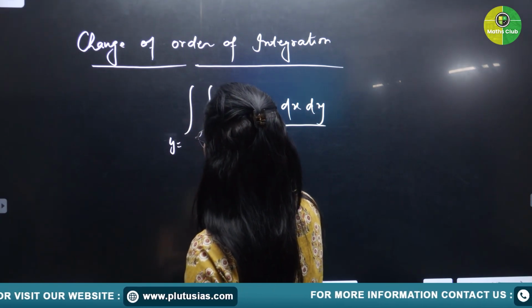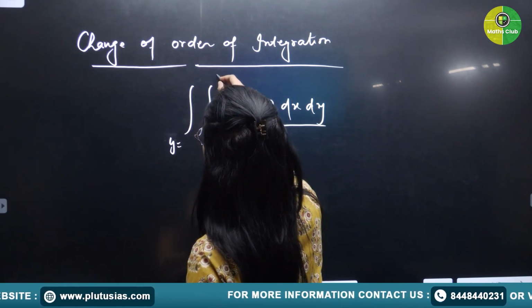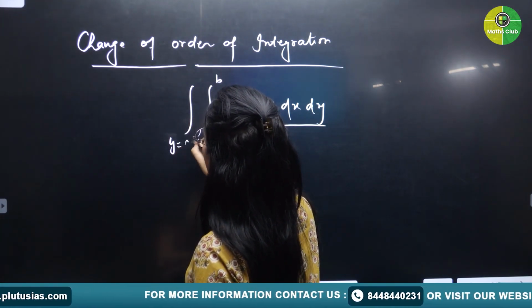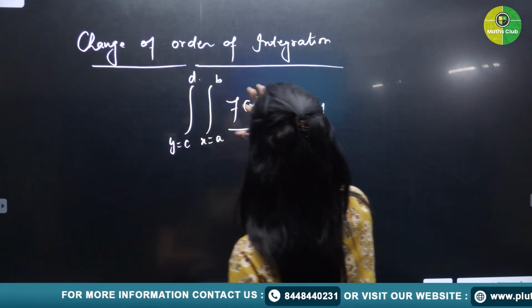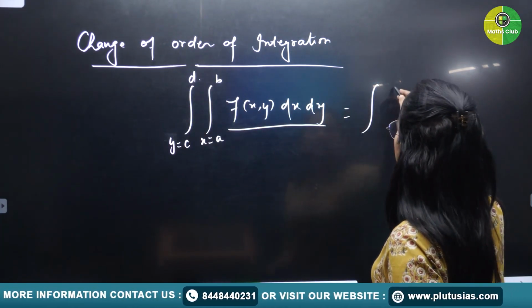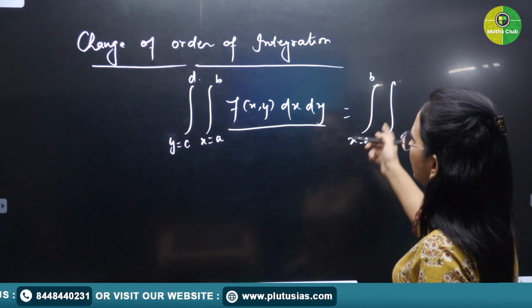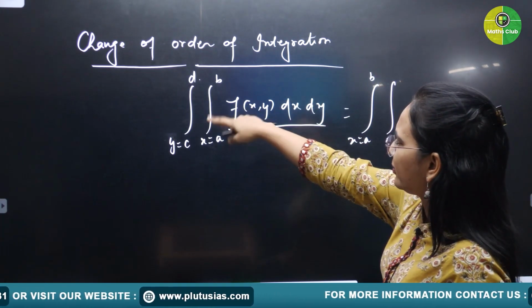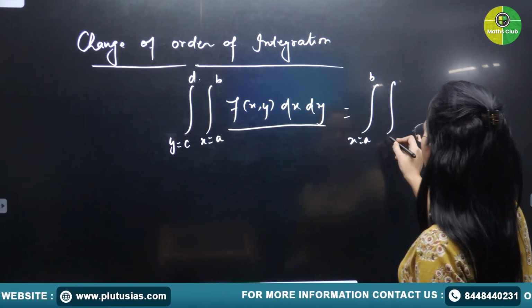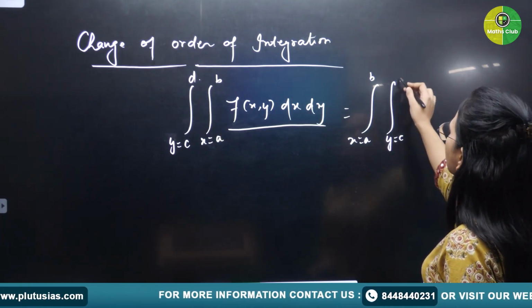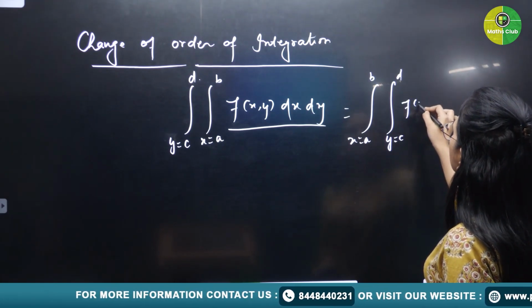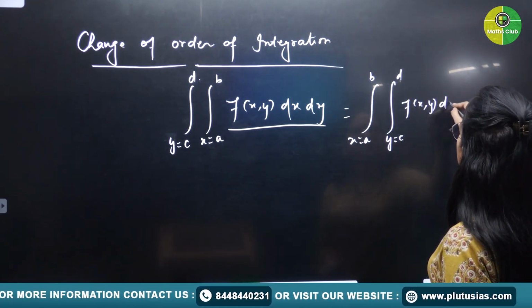If x ranges from a to b and y ranges from c to d, and these are constant, then you can easily interchange these limits: the limit of x can be written outside, and then the limit of y equals c to d, f of x y dx dy.